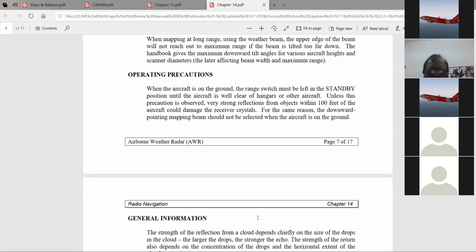If you have any obstruction within the 100 feet on the ground and you want to use the weather radar, as I said, the position is standby.